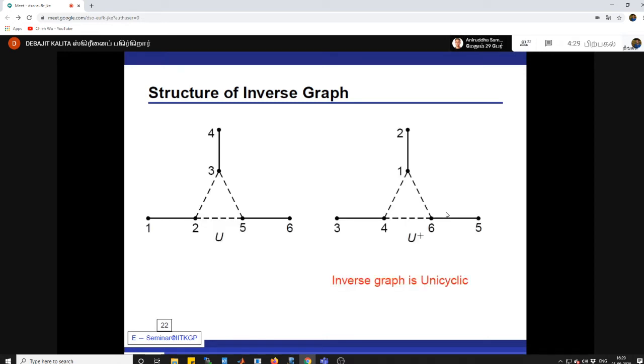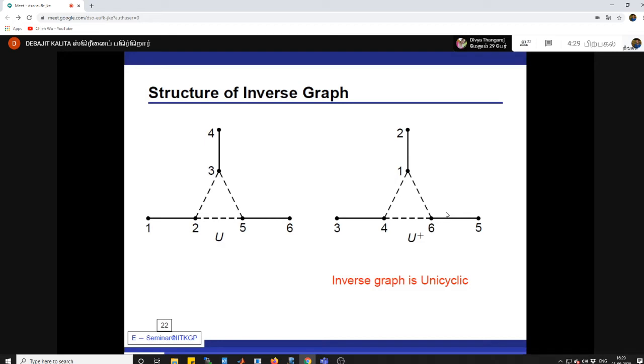We take this unicyclic graph and compute its inverse graph, U plus, and they are almost the same graph, just the labelings are different. That means they are isomorphic. So for this unicyclic graph, we are getting an isomorphic inverse. One can say that this is a self-inverse unicyclic non-bipartite graph.